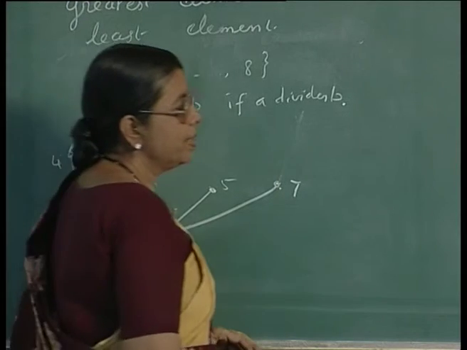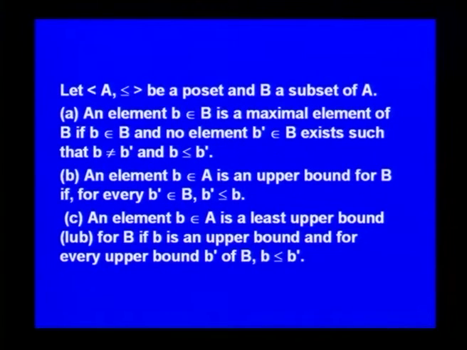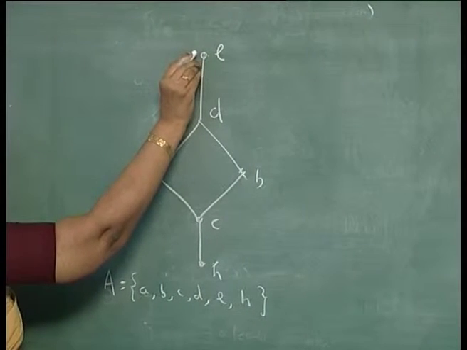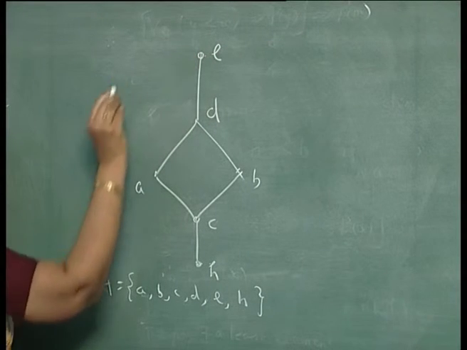And look at this poset diagram. If you take all the set, this is the minimal element, this is the least element, this is the maximal element, and that also happens to be the greatest element.